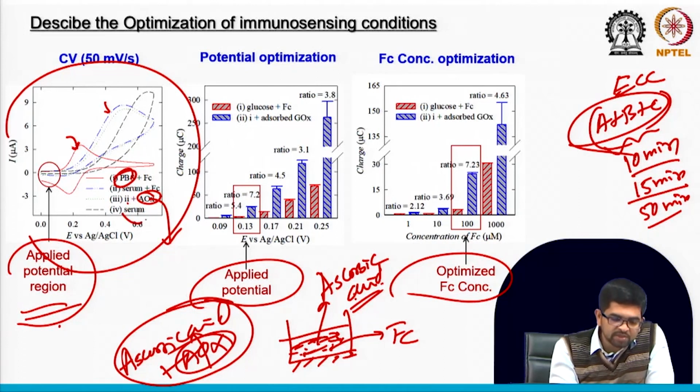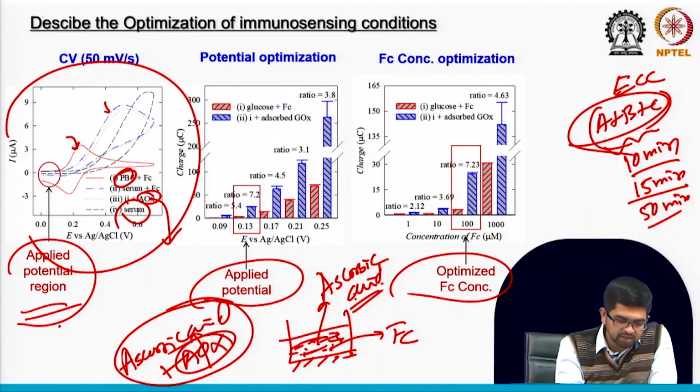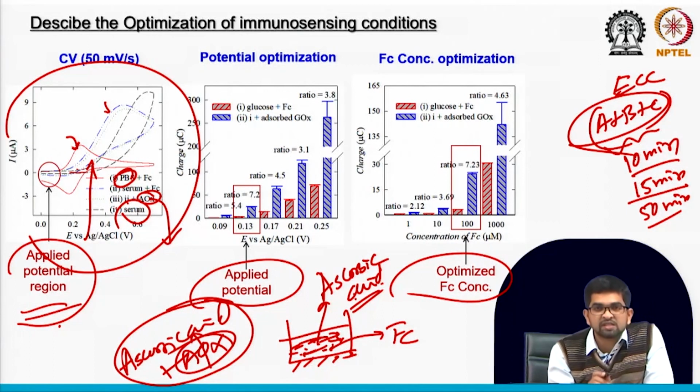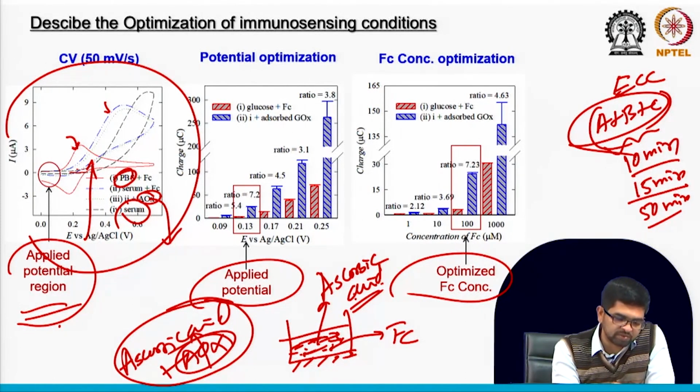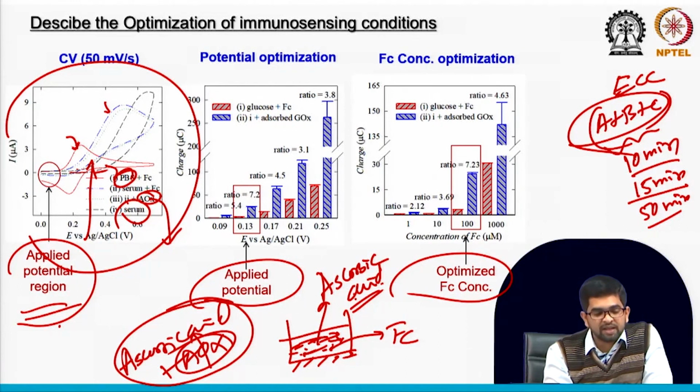Then, with only the serum sample, you can collect a cyclic voltammogram and see how it looks. It shows that oxidation starts from here. It means serum may contain many species that start oxidizing in this region. So you should not use an applied potential higher than this, because from here the oxidation of interference species can start, right?